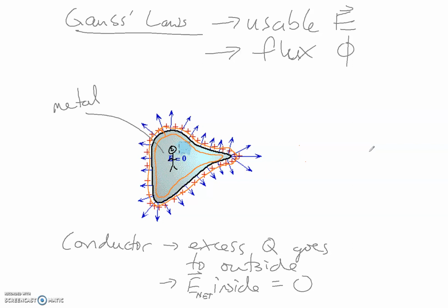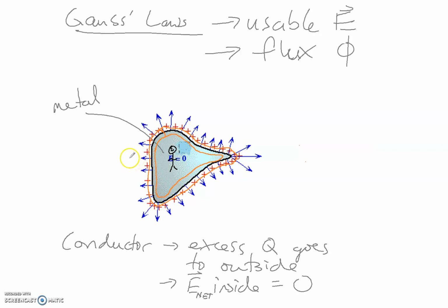This is why if you have a car that crashes into a telephone post or something like that, or a hydro wire, and the wire hits the car and is electrocuting the car, you're perfectly safe inside the car because all the extra charge is going to stay on the outside of the metal shell of the car. So as long as you're inside the car, you're perfectly safe.